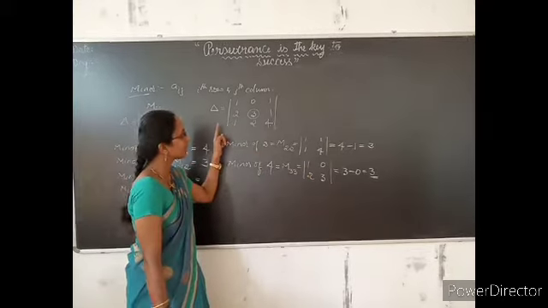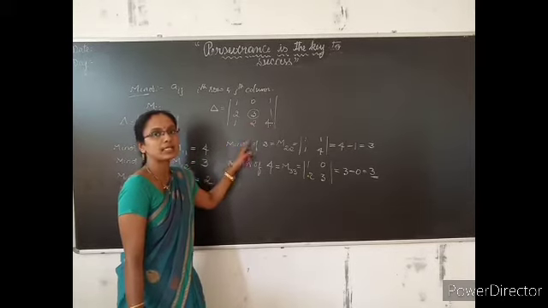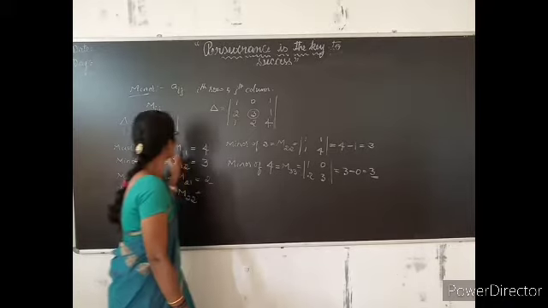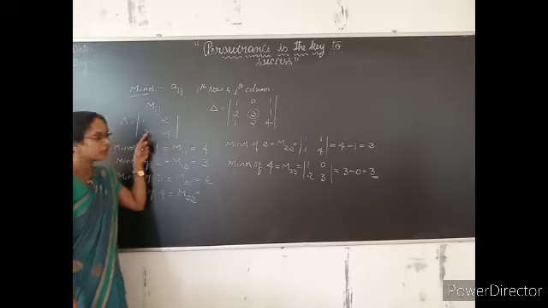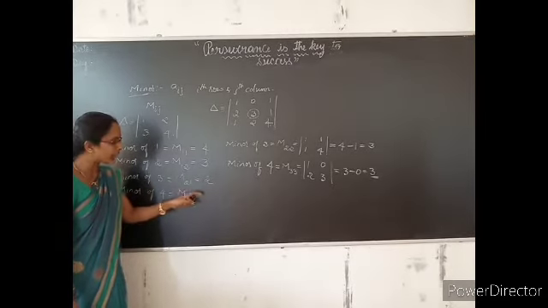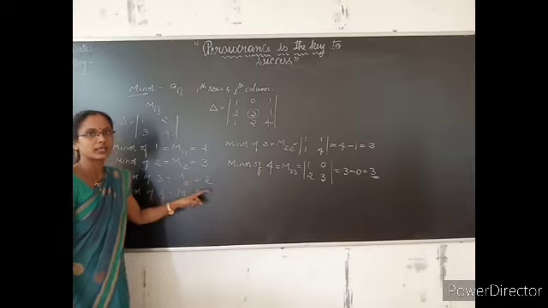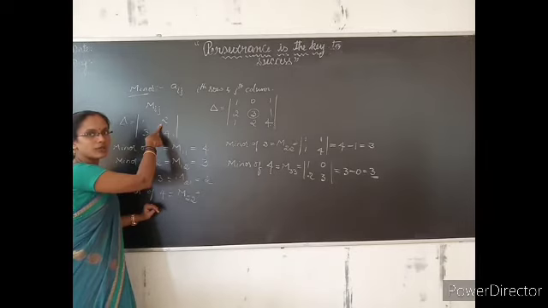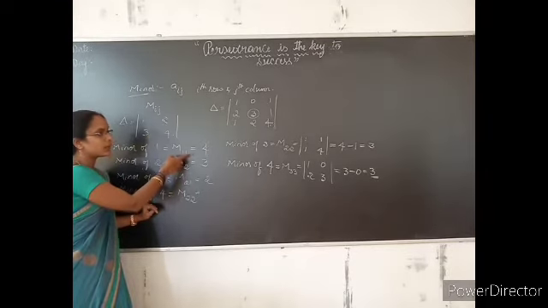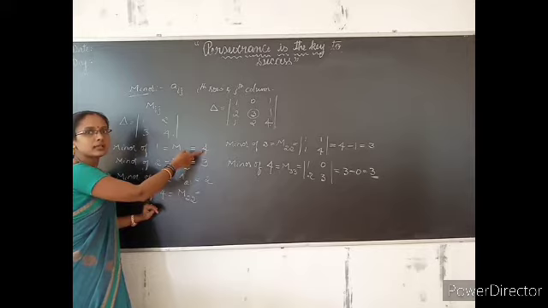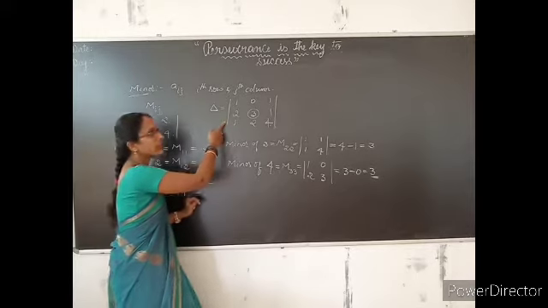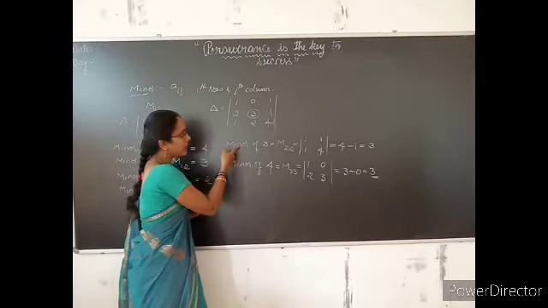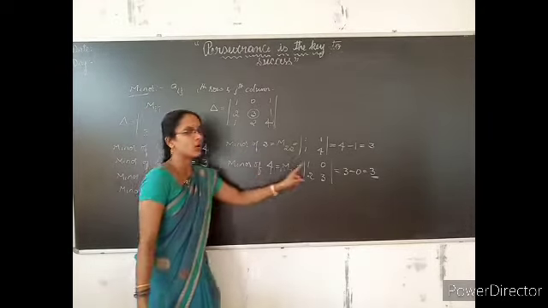So similarly, we can find the minor of each and every element of the given determinant. Note that in the 2 by 2 determinant, the order of the determinant is 2, but the minor of a given element is of order 1. Here the determinant is of order 3, but the minor of the element is of order 2.